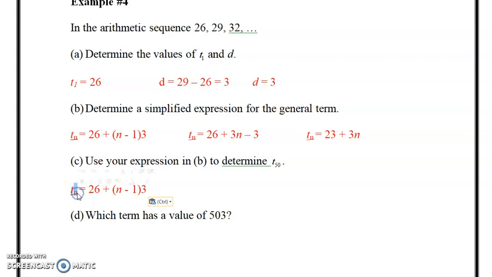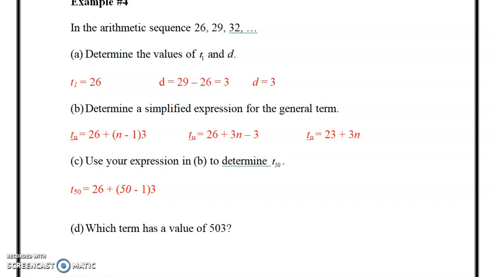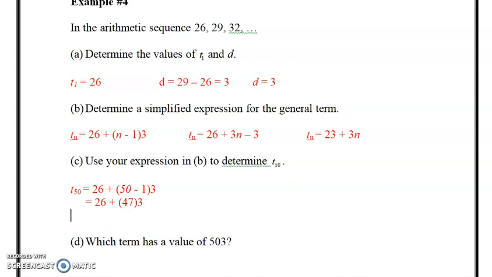I'll just plug them both in. So if I'm looking for the 50th term, I put in t sub 50 is equal to 26, I replace n with 50 minus 1, which would equal 26 plus 49 times 3.